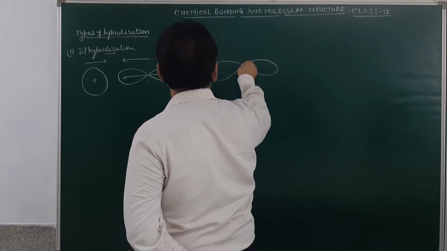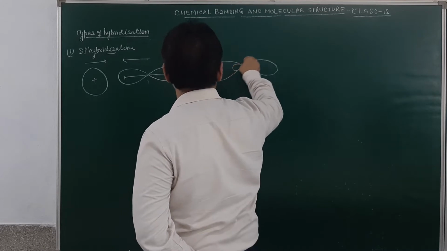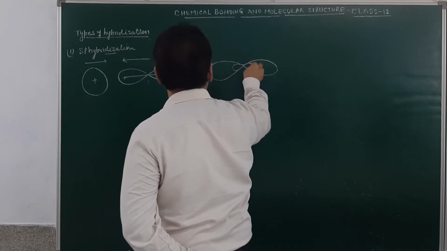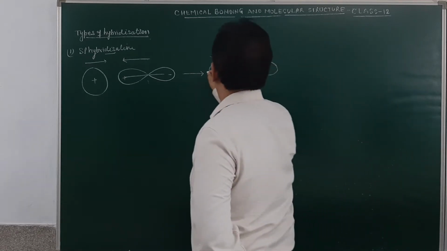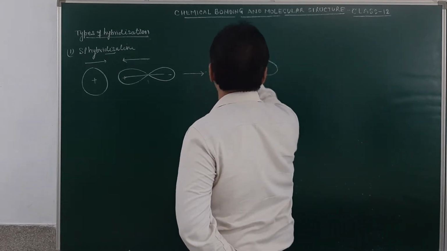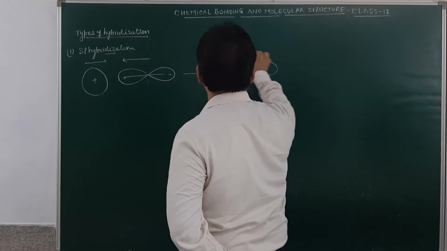The overlapping region of the sp hybrid orbital will be shown with the bigger lobe and the non-overlapping region with the smaller lobe. And the bond angle over here will be 180 degrees.